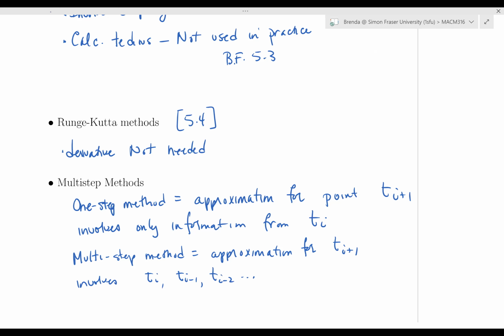So a two-step method would be like that. A three-step method would be like that. That's the idea. This is really our last topic.